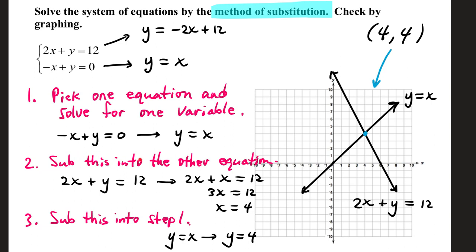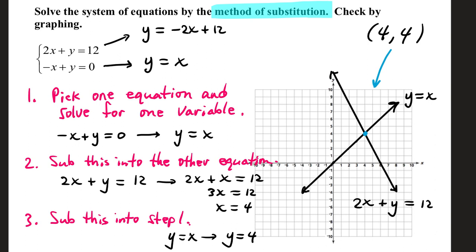So substitute this into the other equation. We went to the top equation, 2x plus y equals 12, and we replaced y with an x because they're equal. That'll give us 2x plus x equals 12, 3x equals 12, and that tells us that x equals 4.